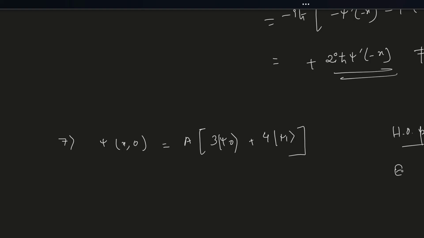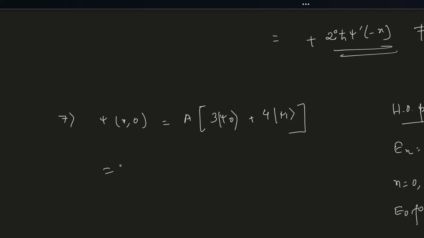So the eigenvalue for a harmonic oscillator problem is n plus half h cut omega, where n starts from 0, 1, 2, etc., integers. So for the ground state, it is E0, which is for psi naught, which has this energy half h cut omega. And the first excited state E1 is for n equal to 1, which is psi 1, which is like 1 plus half or 3 by 2 h cut omega.